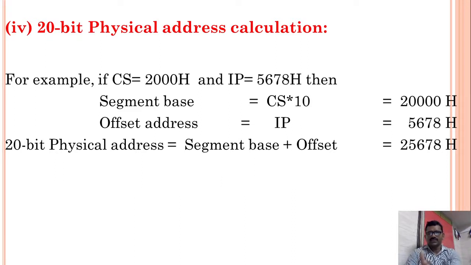That is, CS has 2000, and after adding 0 to this number, it becomes 20000. Now the offset address is added to this address, so we get 25678.